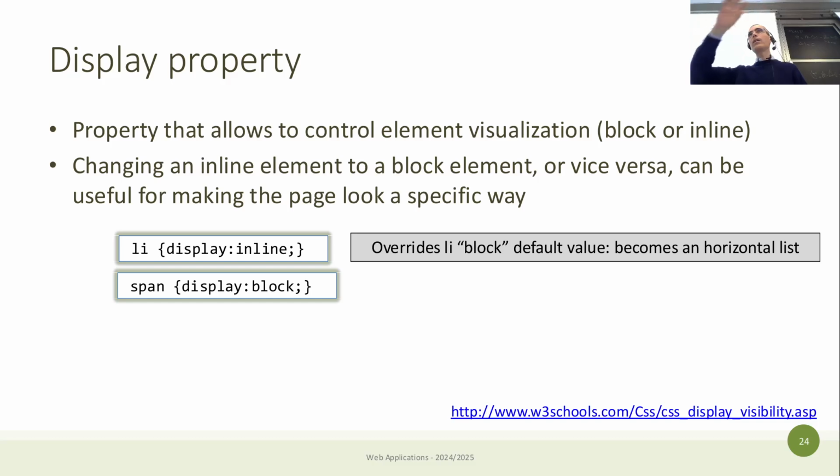If it's inline, it goes on the same line, one element after the other, and wraps at the end of the line in case it's needed. Okay, and sometimes, for instance, let's say this is the list element. To make an horizontal list instead of a vertical list, you need to change this property. Otherwise, lists are always vertical for the browser. Okay, because they are block elements.